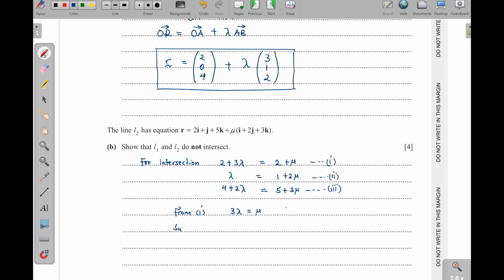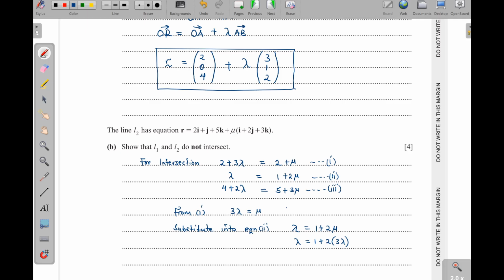Now we can substitute into equation 2. So lambda is equal to 1 plus 2 mu. So lambda here is going to be 1 plus 2. Mu is 3 lambda, not so?